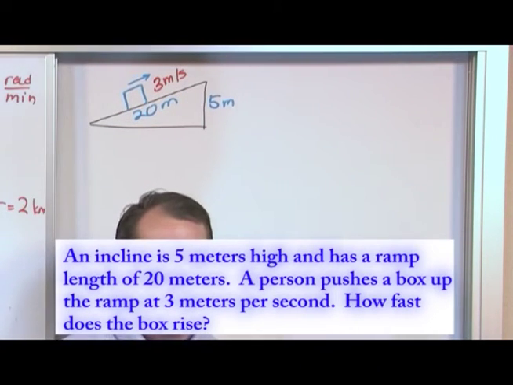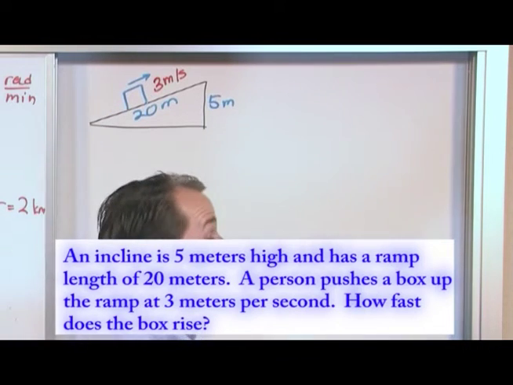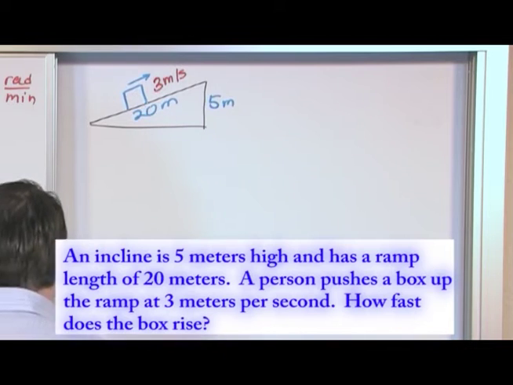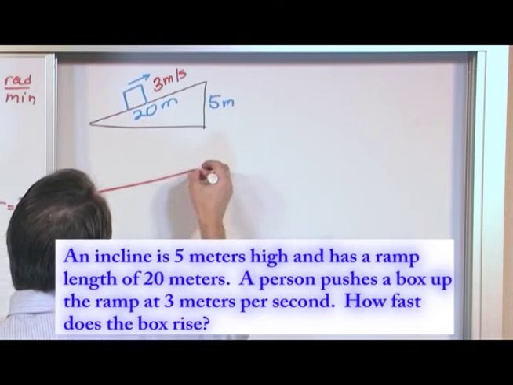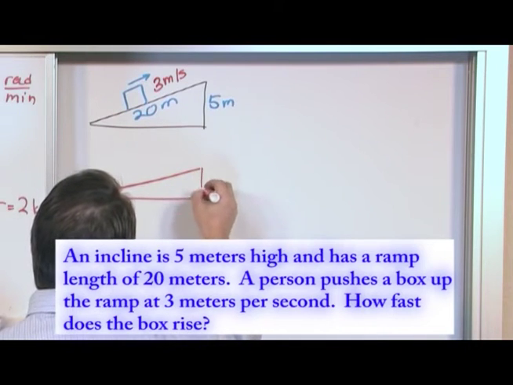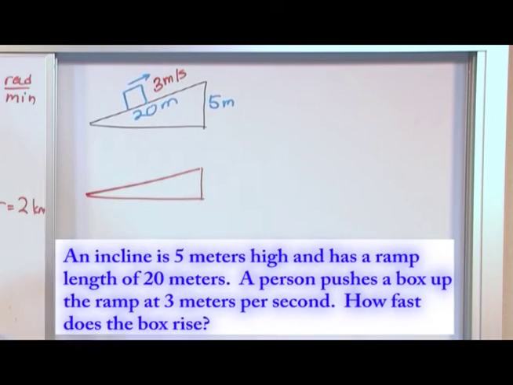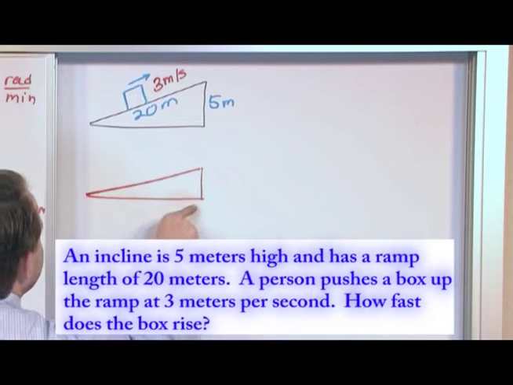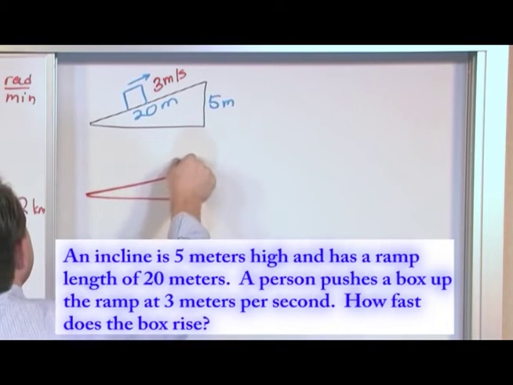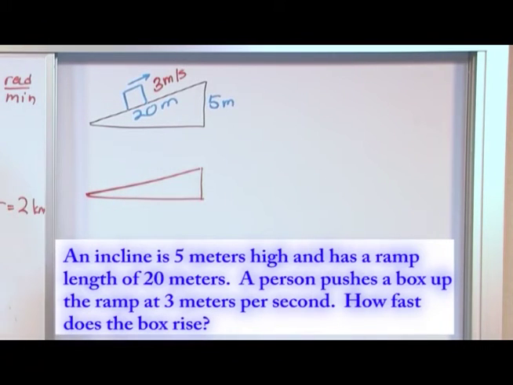There's plenty of ways to solve this problem, but let's solve it in terms of how you would do it with related rates. Let's redraw this in terms of some variables. It's a slightly squished-looking drawing, but it's the same deal. If we start at the end of the plane, as we push it up, then as time goes on we're pushing in this direction, and the composite motion is along the ramp.